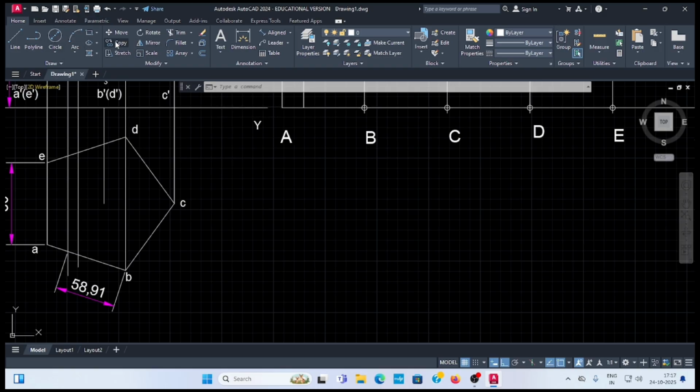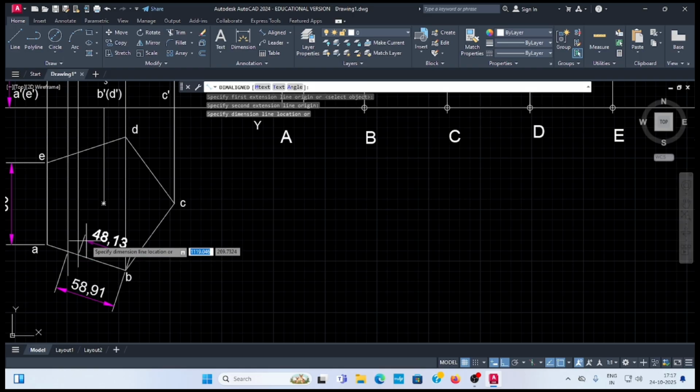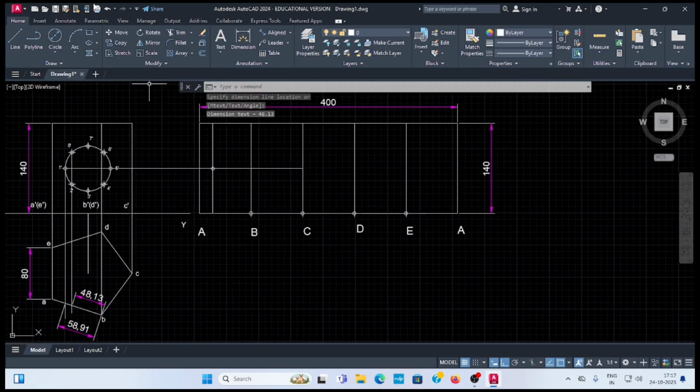Go to aligned dimension, from B to this distance you have to mark 48.13. Go to offset command, offset distance 48.13, enter.